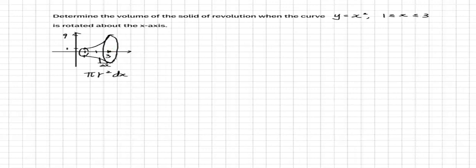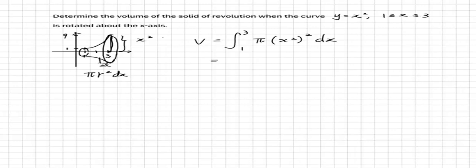And your r is represented by this y value here, which is x squared. Then we're going to add all the slices up, so we're going to use the integration sign, starting from 1, finishing at 3. Pi r squared, your r is x squared, and then your depth is dx.